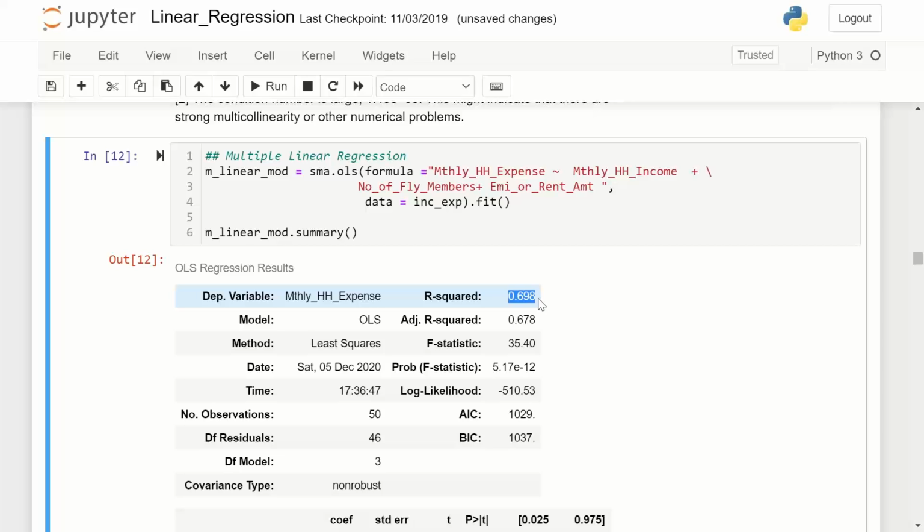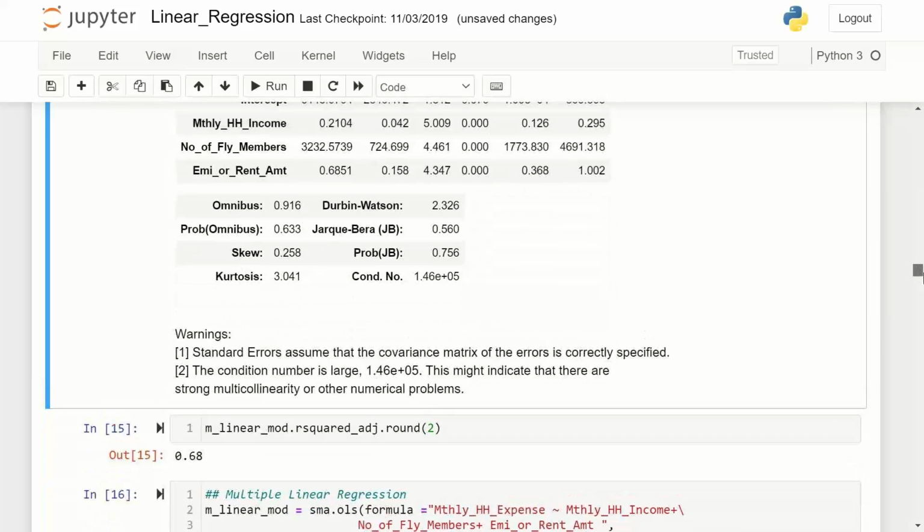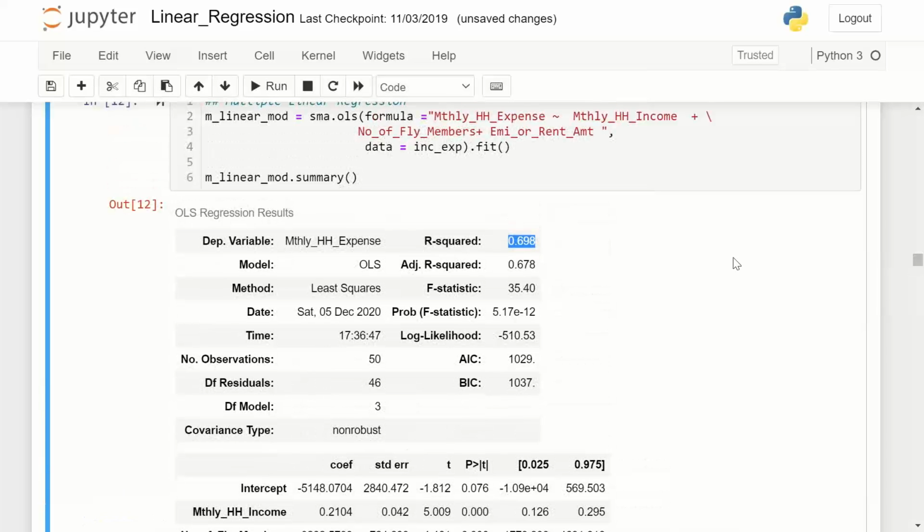I am able to explain 70% of the target phenomena, the dependent variable. 70% of the variance in expense is explained by the model which has income, family members, EMI as our variables. Can I increase this further? Probably yes. I've got more variables. By adding more variables, probably I can improve this. Okay. For now, my R squared is 0.698.